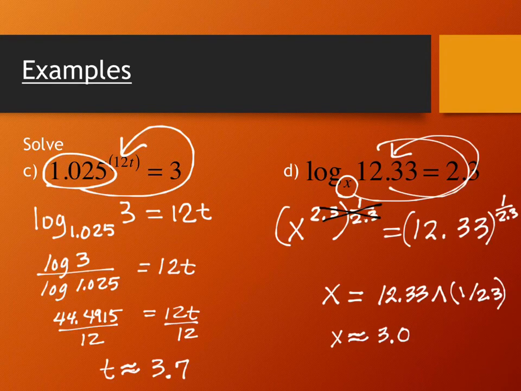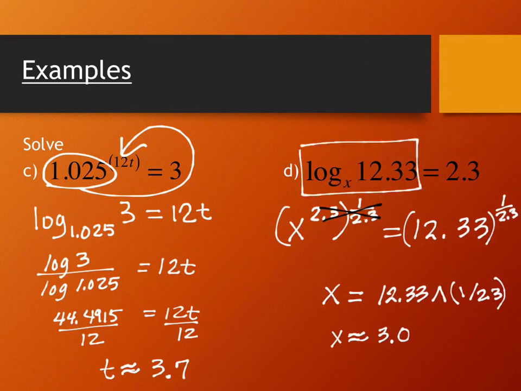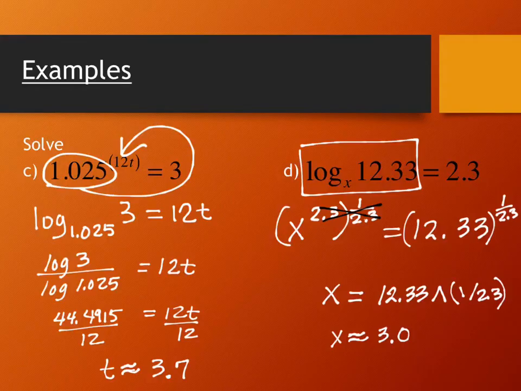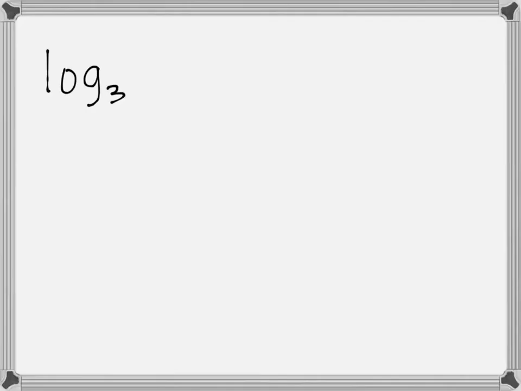So let me cut this out just a second. So we're going to take this expression. We're going to put the 3 in for x. Okay? Sorry, that's super bright after that darker screen. So what we're checking is that log base 3 of, what was my number? 12.33. 12.33 will actually give us whatever was on the right-hand side. This should be approximately 2.3 if we've done it right.